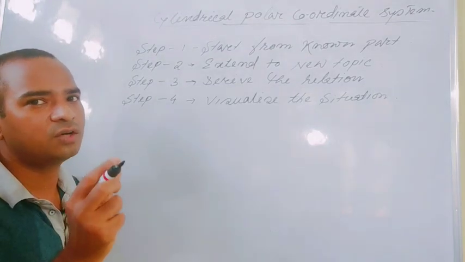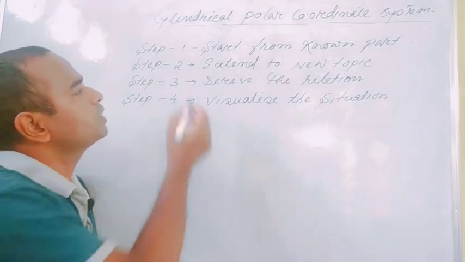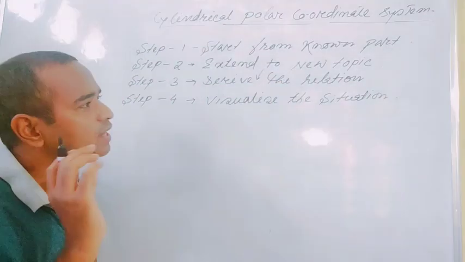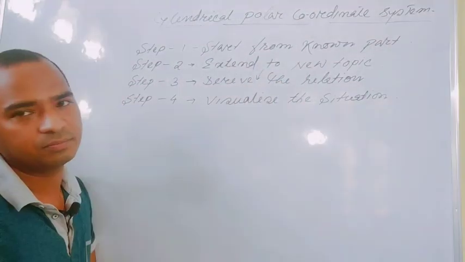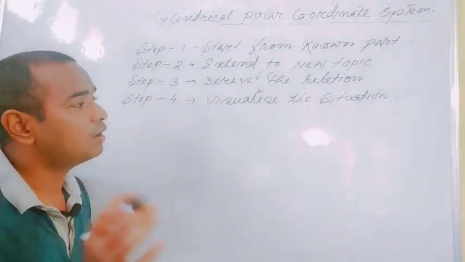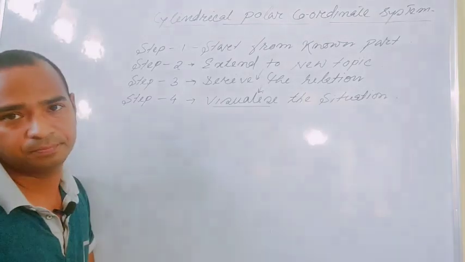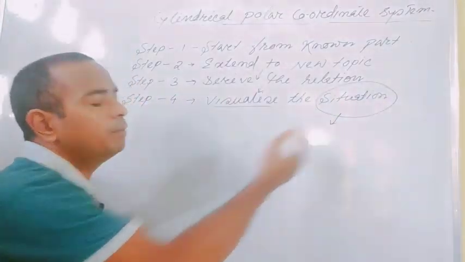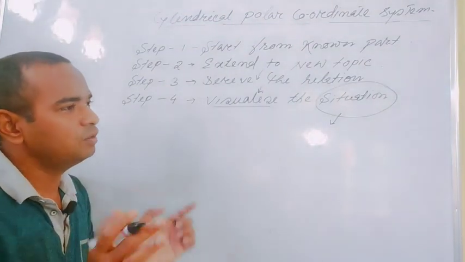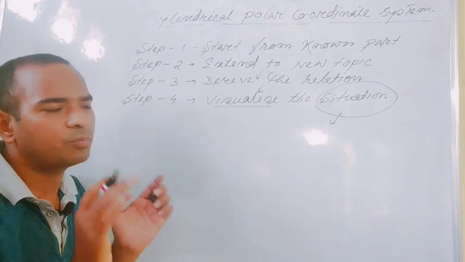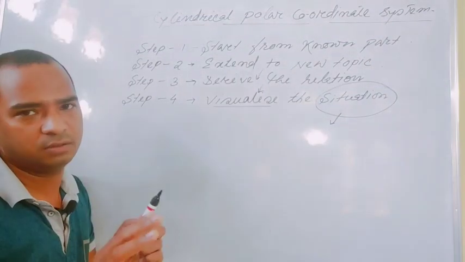So you have to start from a relevant topic, then try to derive the relation. After deriving the relation, you have to visualize the situation, whatever you have got. Then the correlation from one subject to another will be clear.